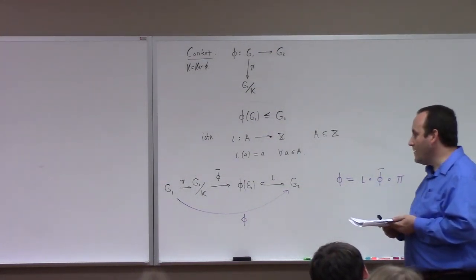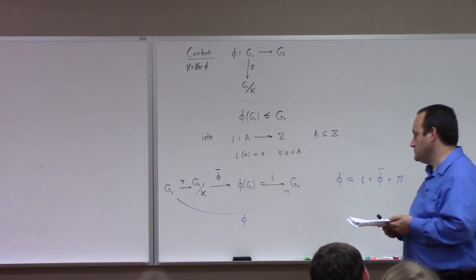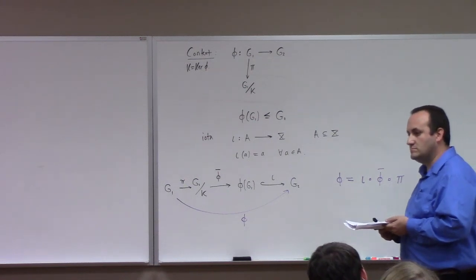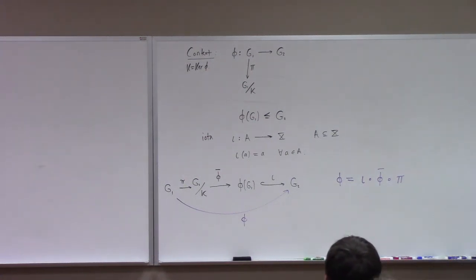Should the phi of G1 in the middle there, should that be phi bar? No. Because over there you've got phi is iota, phi bar, pi. Well, the phi bar goes from the quotient, the factor group by the kernel, to the image of G1 under phi.